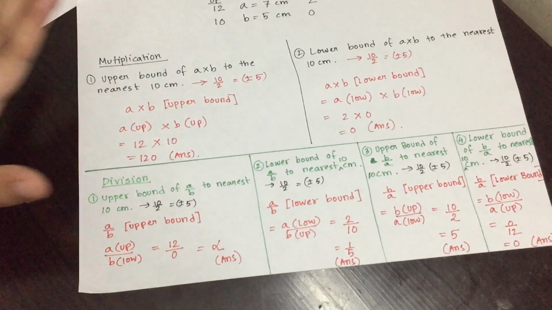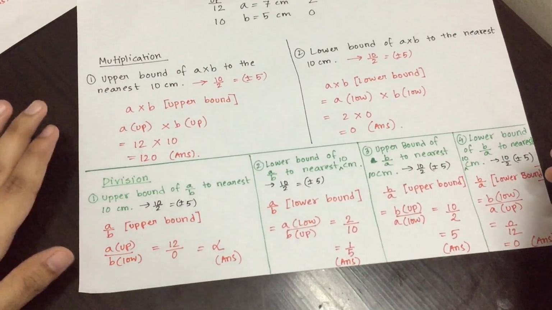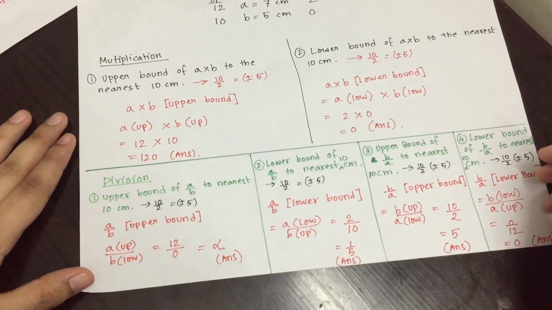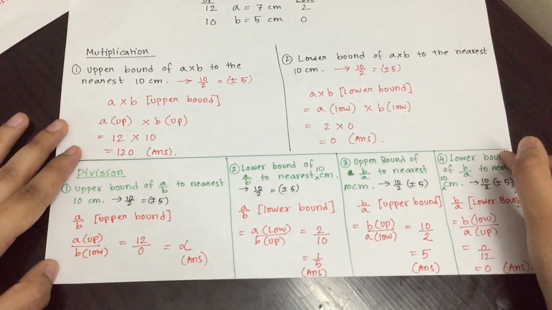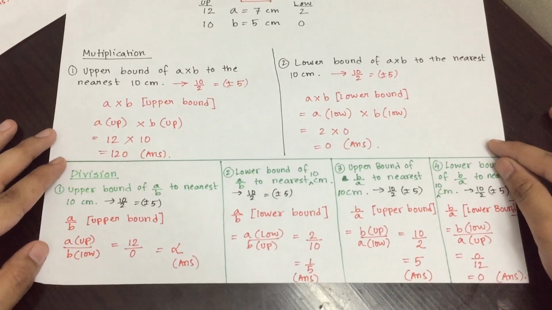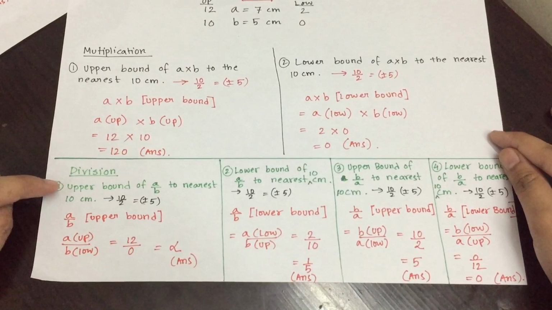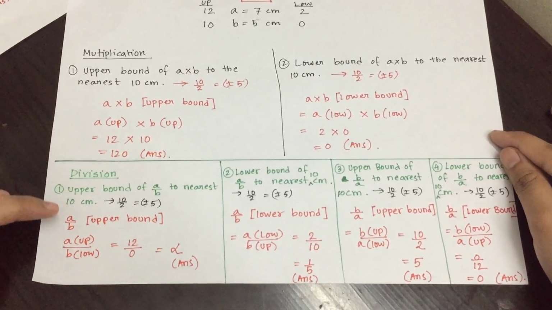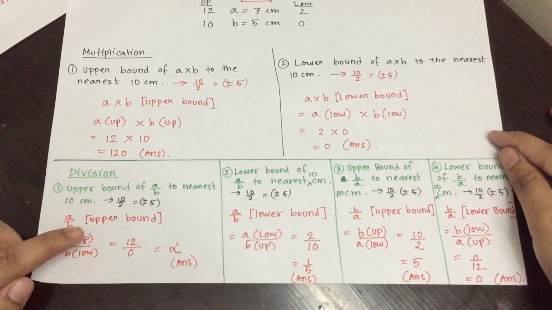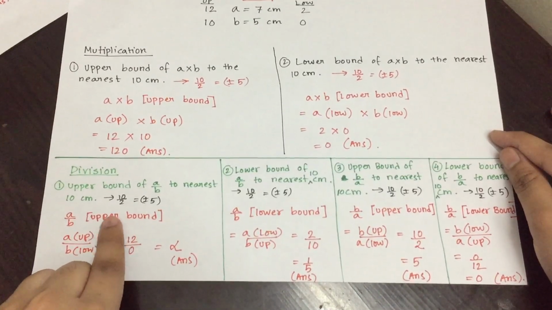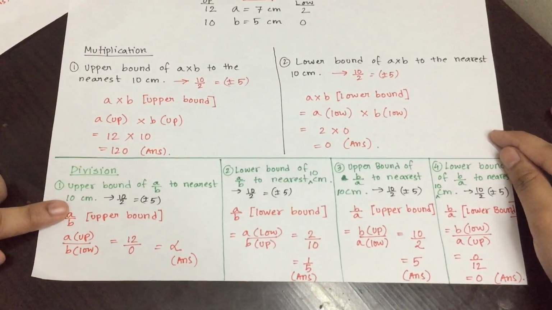Lastly, the division part. The division part is somewhat like the subtraction, so it will be easier to understand now. In case of division, if we are told to find the upper bound of A divided by B, whatever we are told to find, the numerator will start with that.